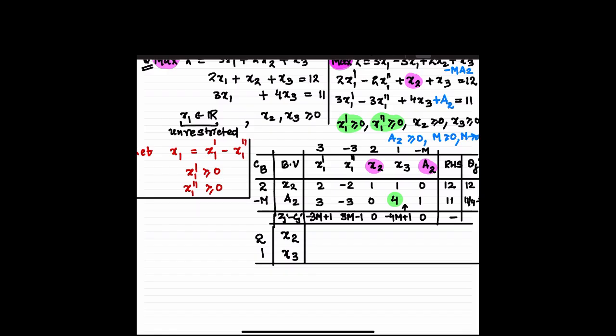Now this is 4, we have to make it 1, so divide throughout by 4. So this becomes 3 by 4. This is minus 3 by 4. This is 0, this is 1. This is 1 by 4. This is 11 by 4.